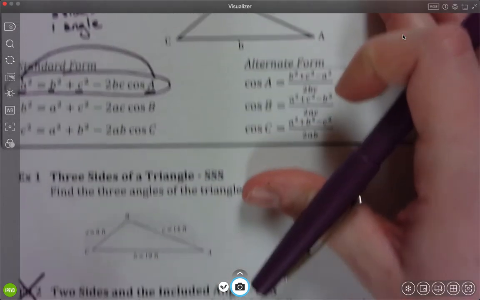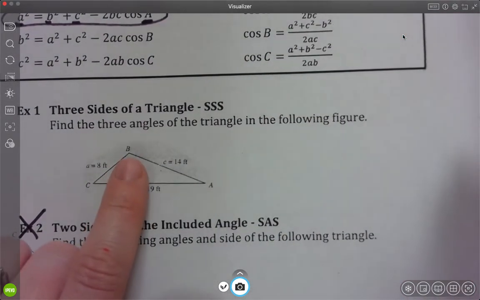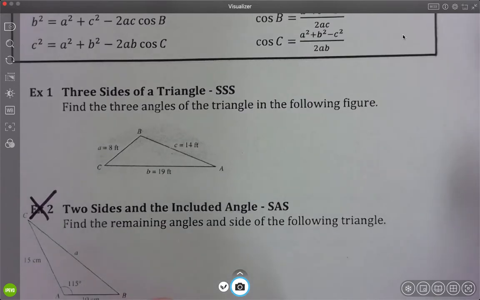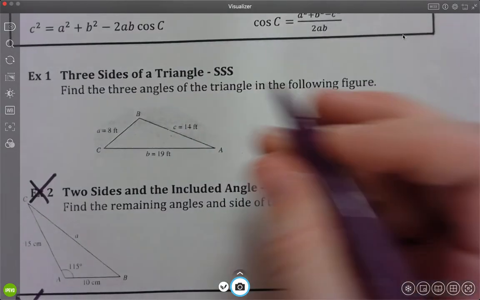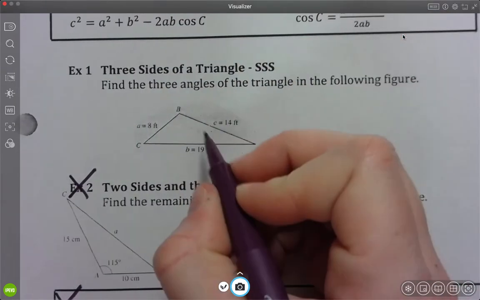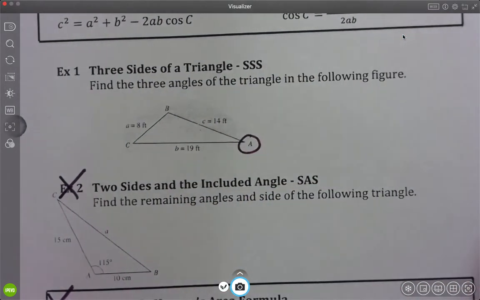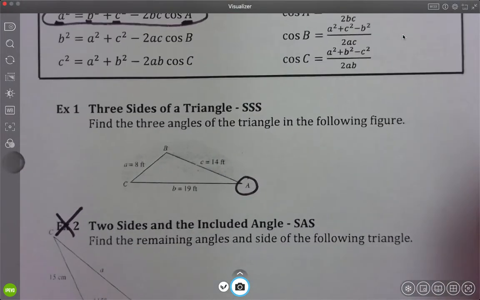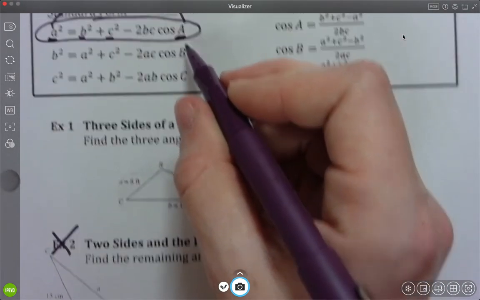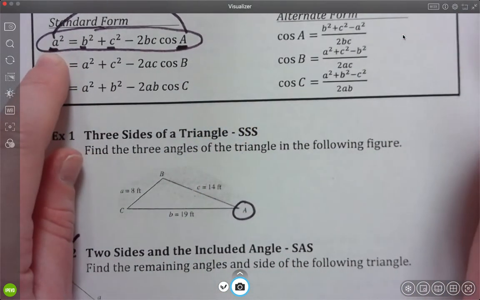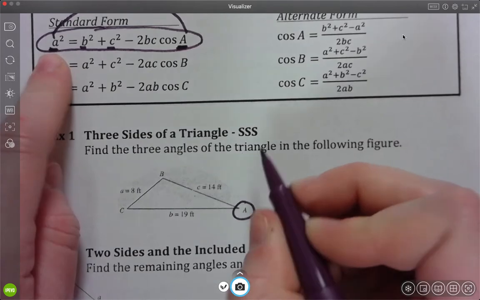So down here, example one, find the three angles of the triangle in the following figure. Let's do this. So we have lowercase a, lowercase b, lowercase c. Let's say we're trying to find capital A first, just like the formula says. If I'm trying to solve for capital A, I want to put lowercase a in this spot right here, so lowercase a has to be 8.